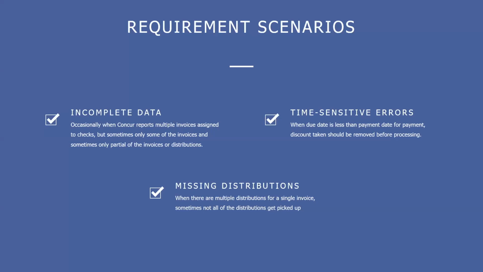As I was just saying, there was incomplete data. Some of the items were coming in at the wrong time, depending on where they were in the flow. They wouldn't match. So it became a huge nightmare for the AP people.